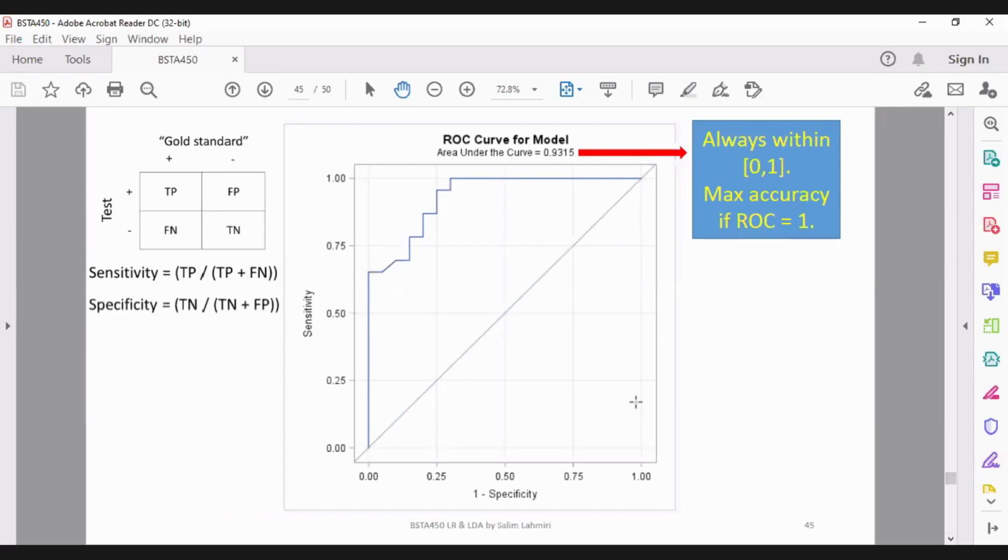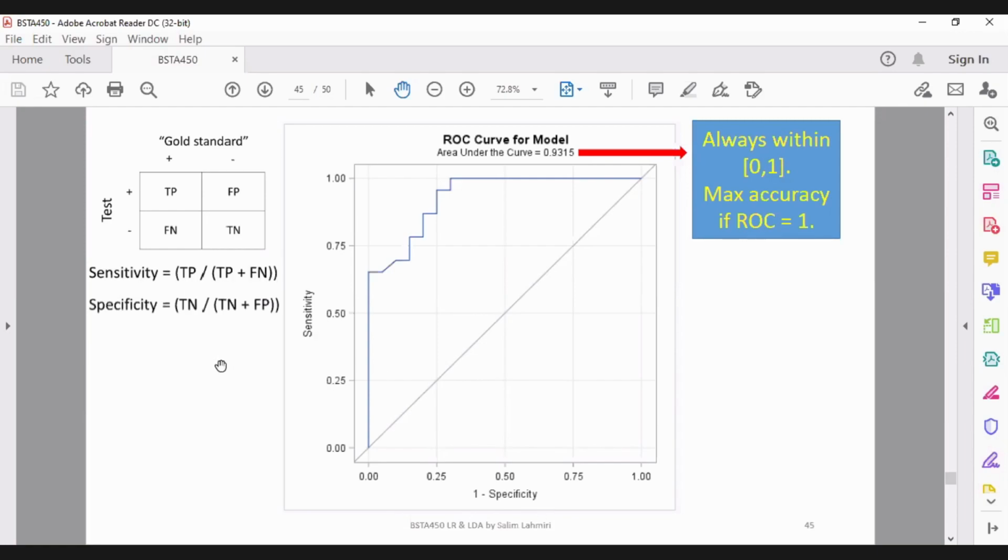Another performance metric for logistic regression is the ROC curve. A ROC curve is a plot showing how the sensitivity metric varies with 1 minus specificity.